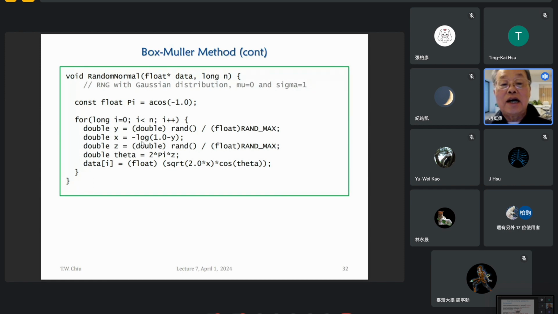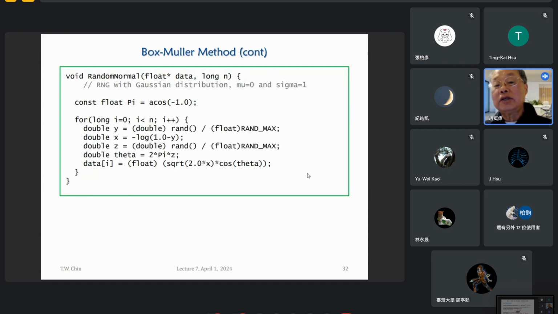Here I only keep one set of the Gaussian random number generator, the one with the cosine. If I use the other one, I have to keep another array using the sine, and that array will also be Gaussian distributed, and these two are independent Gaussian distributed random numbers.